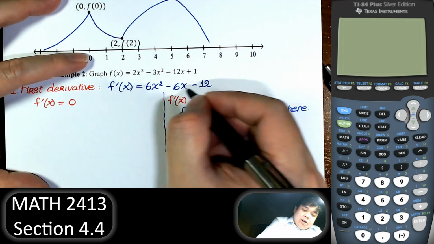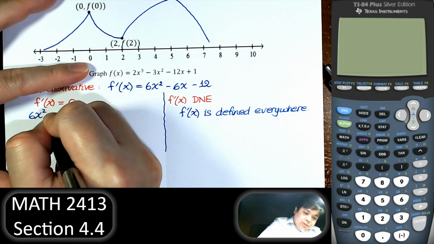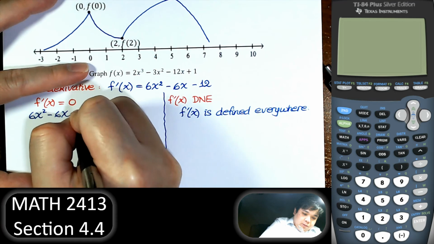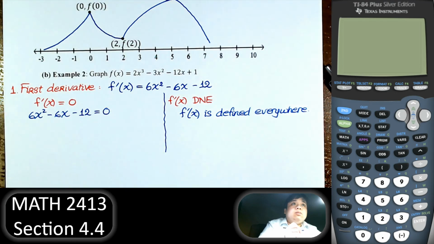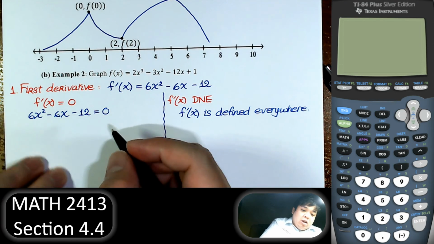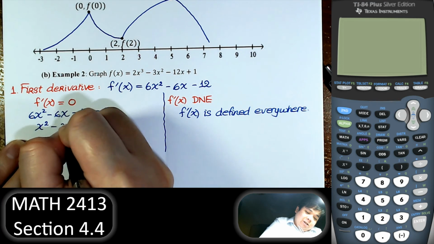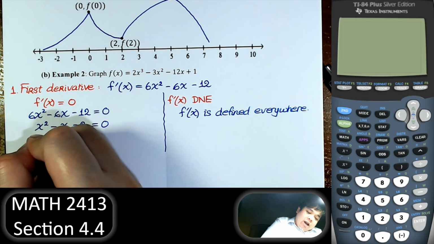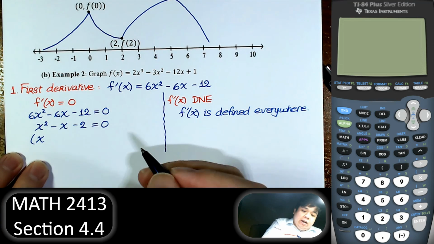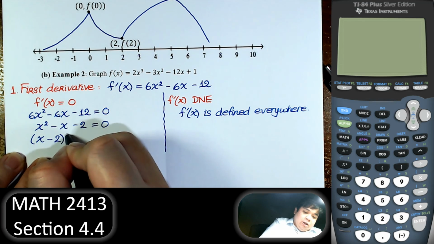Now we'll take the derivative equal to 0. Divide both sides by 6. And this we can factor out: x times (x minus 2)(x plus 1).